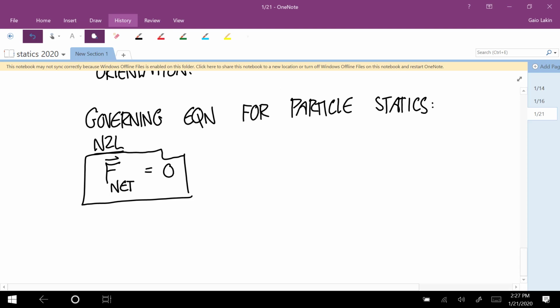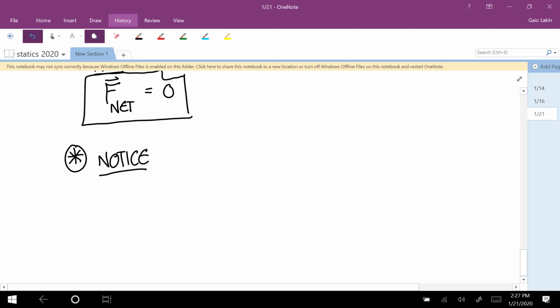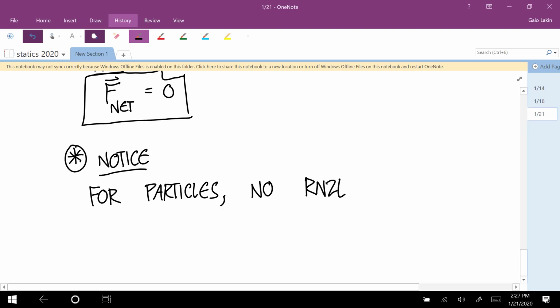So notice that because this has to do with particles, there's no rotational Newton's second law. There's no moment equation.